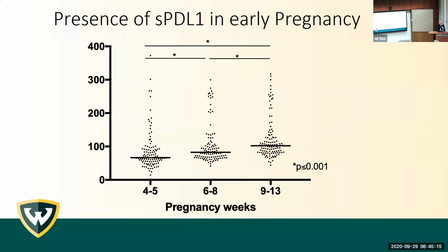This suggests that as the placenta grows, as the placenta is formed within the decidua and continues producing factors in the communication with the mother, with the maternal immune system, this soluble PD-L1 seems to be extremely important in polarizing the endometrial macrophages into an M2 phenotype.